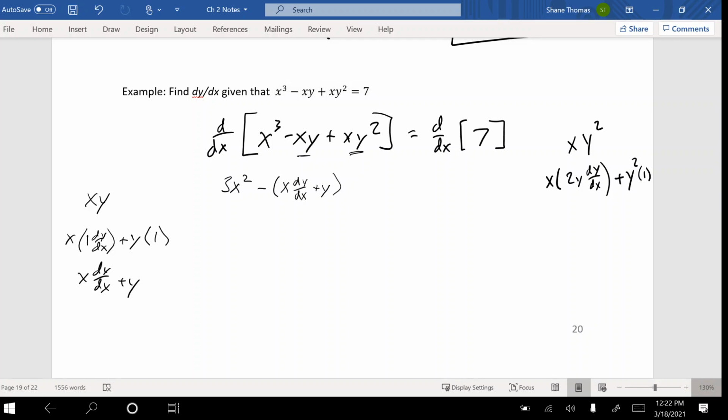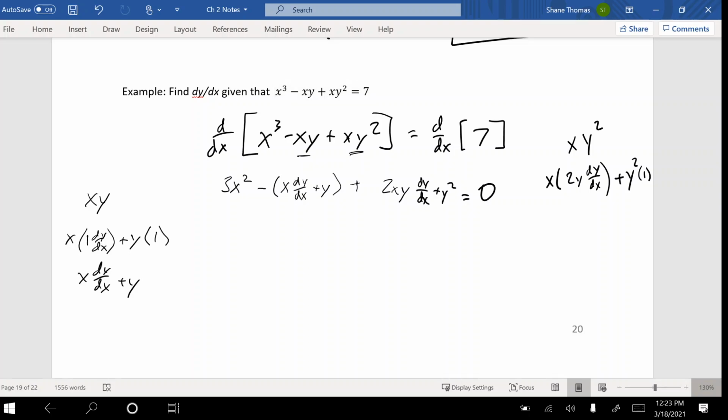Okay, bring that back over here to my main equation and simplify just a little bit. So that gives me 2xy dy/dx plus y squared equals, what's the derivative of 7? 0.